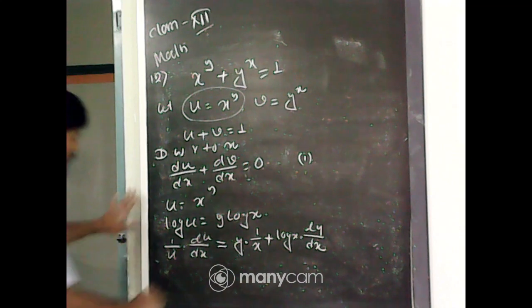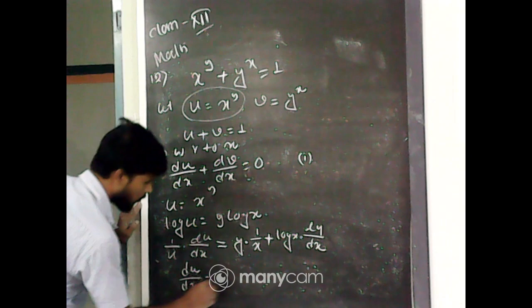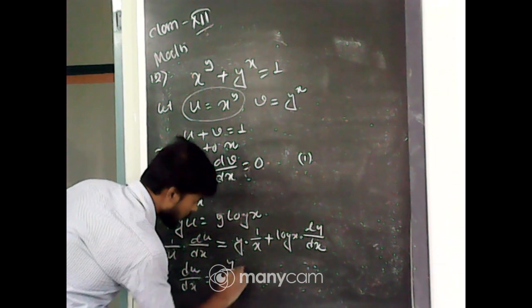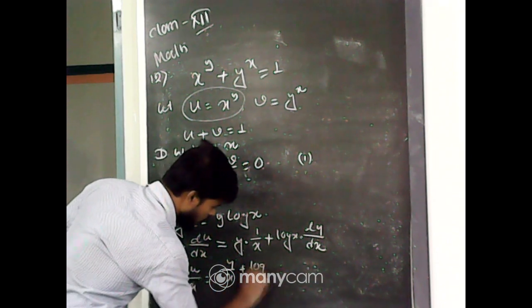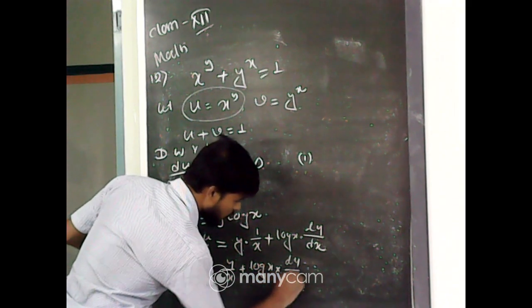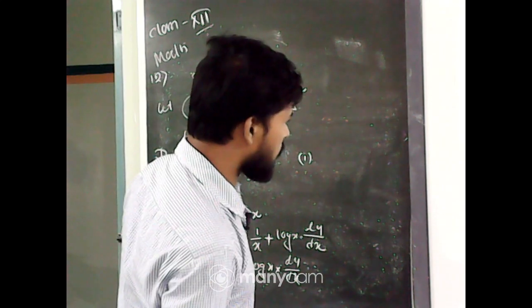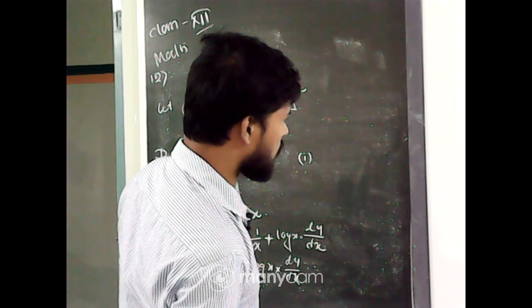So from here the value of du/dx will be y by x plus log x into dy/dx.